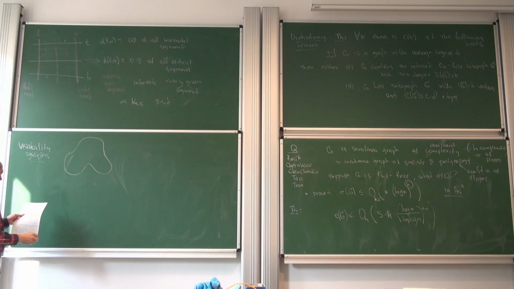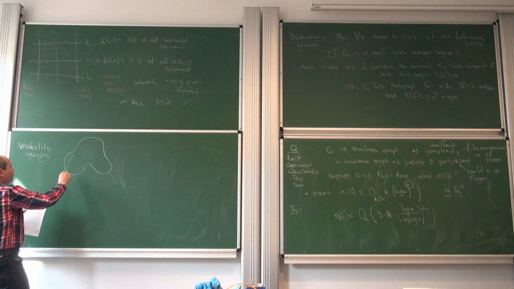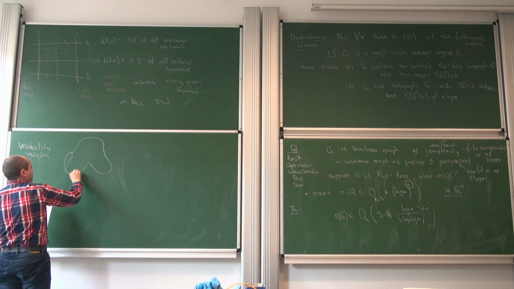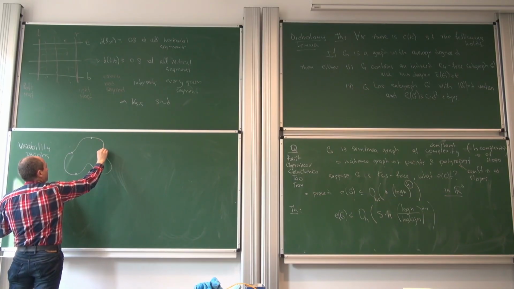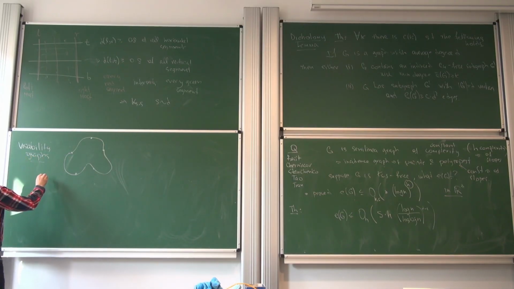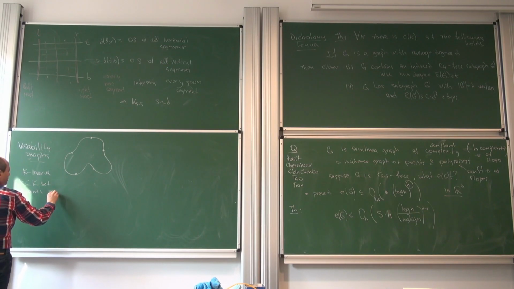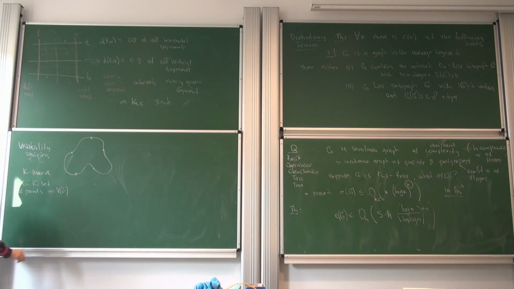So this is your curve K. And imagine you put some points on this curve, a set of points X. These are vertices, the vertices of our graph G.